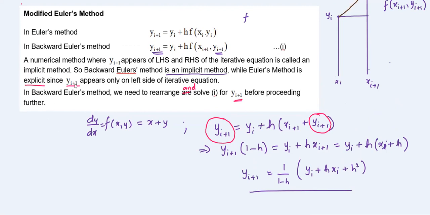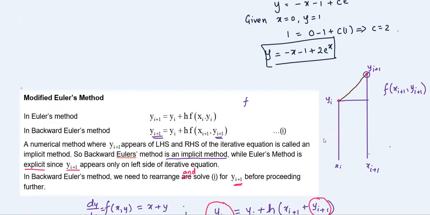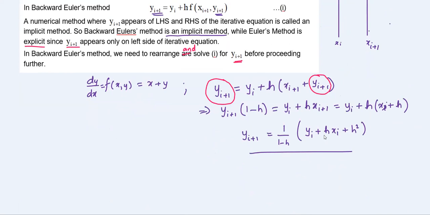There is an intermediate method, which we have not gone for, the modified Euler's method. In it, instead of taking the slope at yi or the slope at yi plus 1, we take the average of the two slopes, and then calculate. That means this dy by dx is taken as the average.